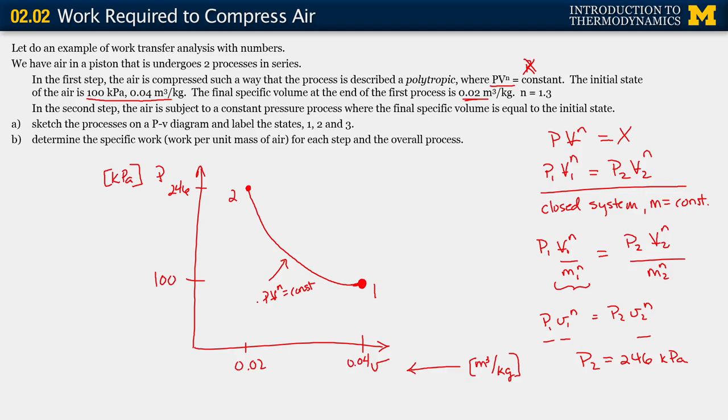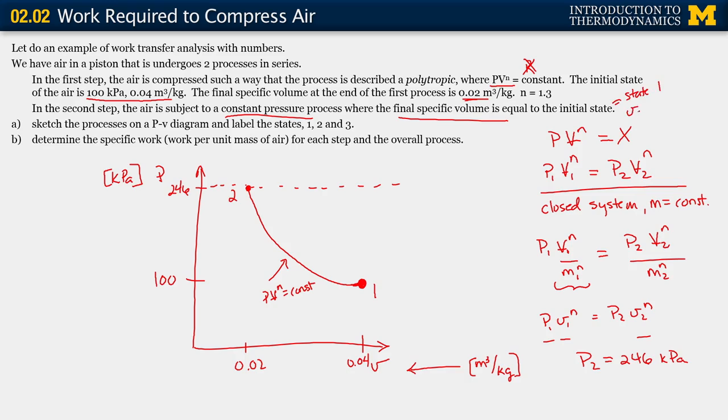Now we need to get from state 2 to state 3. What do we know? Well, we know that the air is subject to a constant pressure process, so we know it's going to be somewhere along a constant pressure line. And what we need to decide is, will my line move to the right or will my line move to the left to get to state 3? Well, we're told the final specific volume is equal to the initial state, and that's state 1.